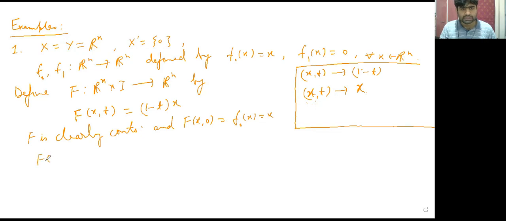And F of x, 1 equal to f1 of x, which is 0, right? Because when you put t equal to 1, this is 0, and hence you are getting 0. Thus, F is a homotopy from f naught to f1 relative to this.